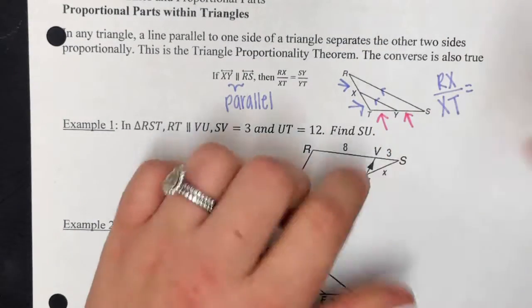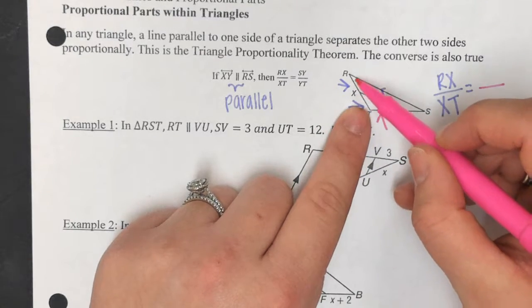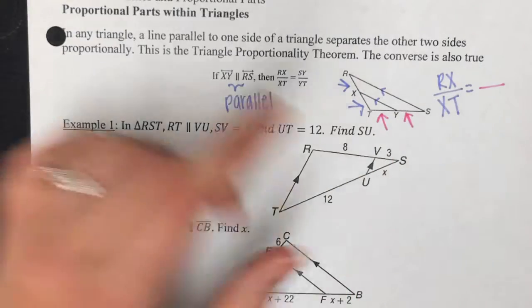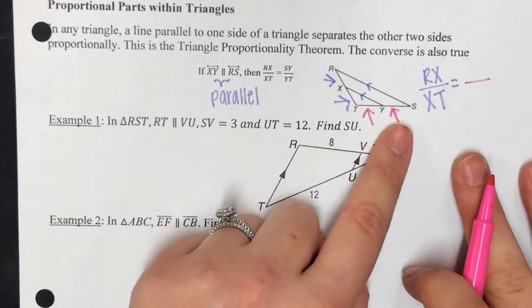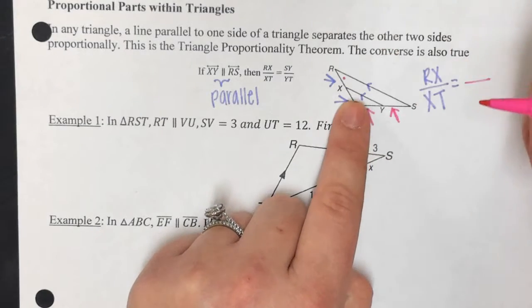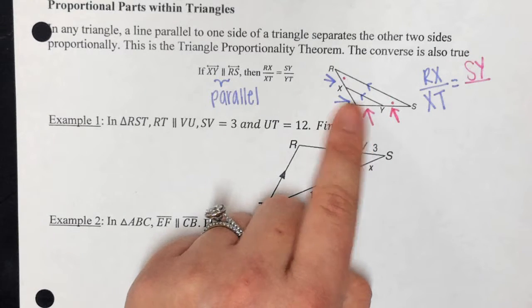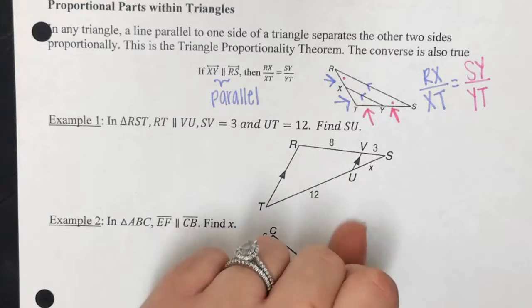If I'm going to set up a proportion and I put RX on top and RX is right here, what am I probably going to put on top on the other side? This one. If I put RX first, then I need to put XY on top. XT is on bottom, so YT goes on bottom.